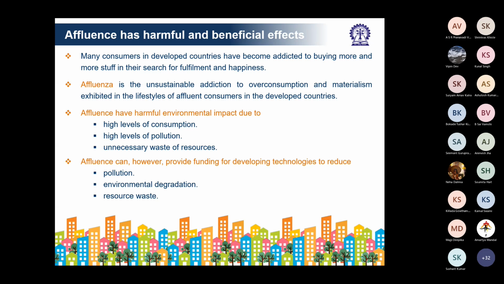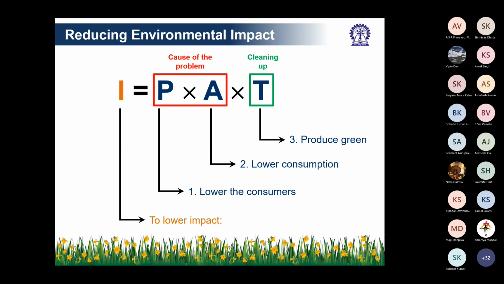So basically what you need to understand is that the P and A are the cause of the problem, and these two are really difficult to reduce. Lowering consumption in developed countries is very difficult, because lowering consumption means changing the lifestyle of people.